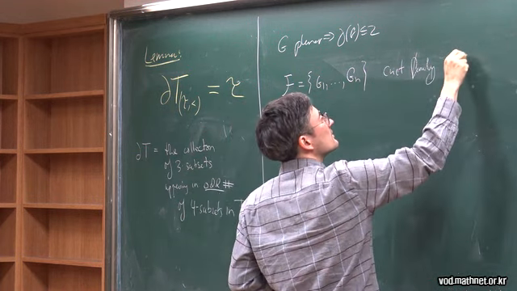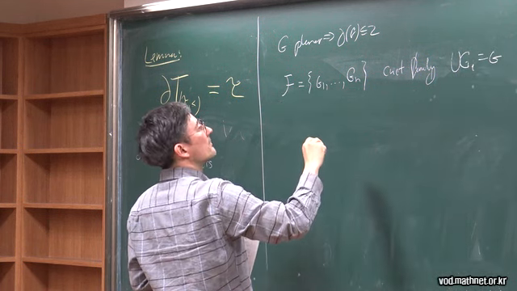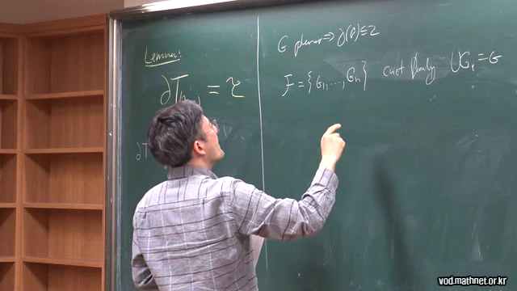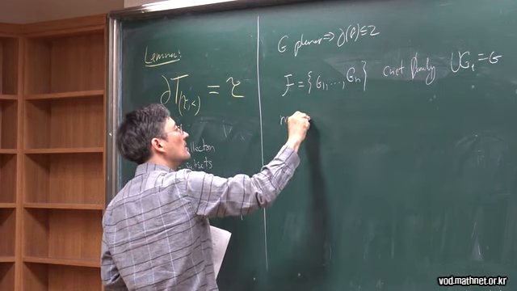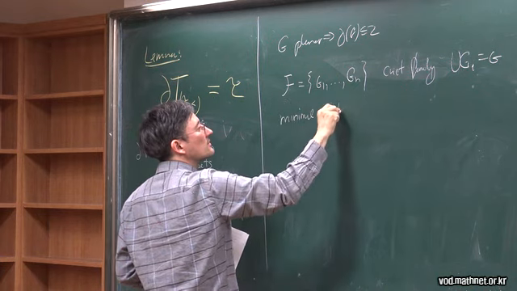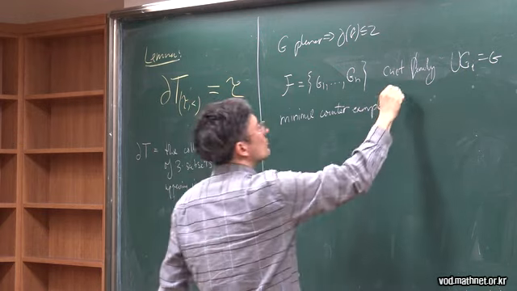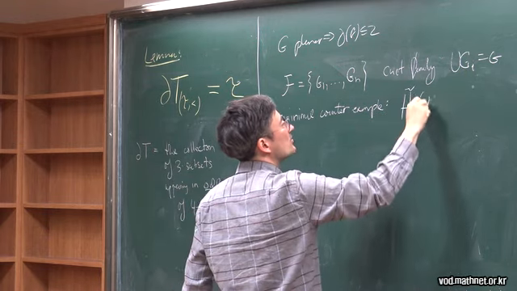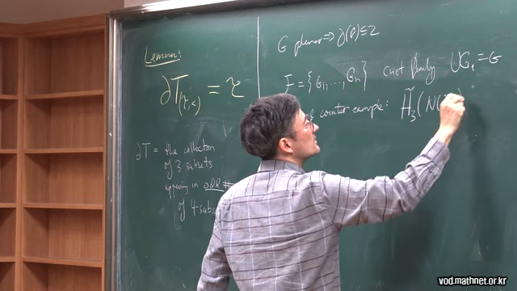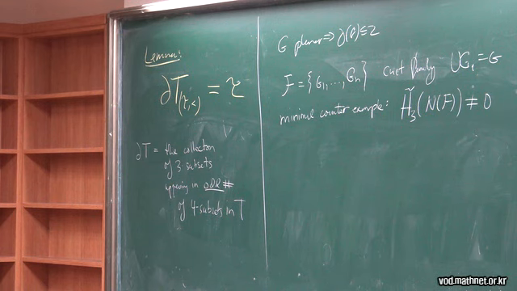Let's say the union of the Gi equals G. And suppose it's a minimal counterexample. Then you can show that this means we assume that the 3-dimensional homology of the nerve of F is non-zero. Okay? Right, so I want to show that there is no homology in dimension greater or equal to 3.